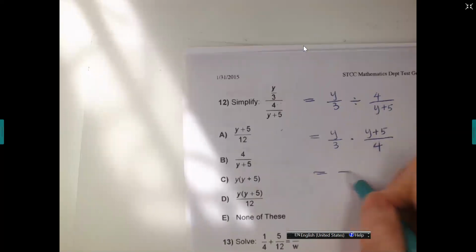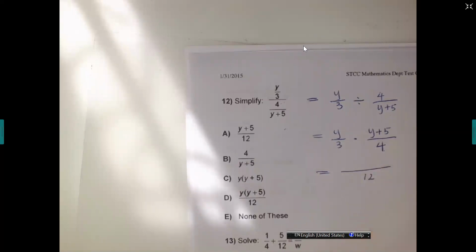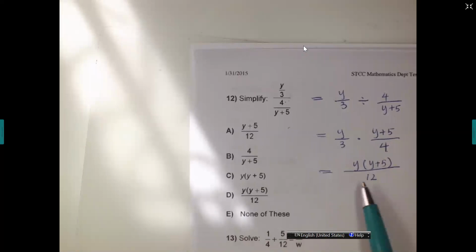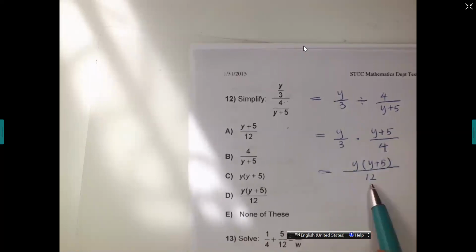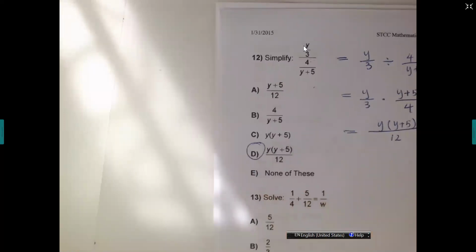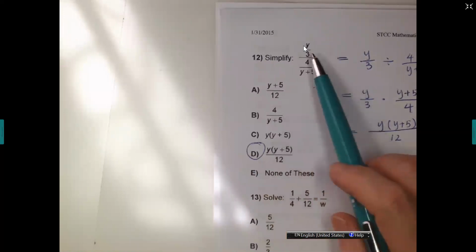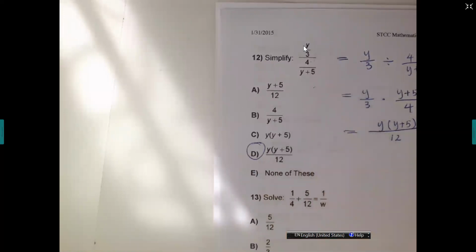Multiply the denominators, 3 times 4. Okay, skip one step, I write down the 12. And the numerator 1 times numerator 2. So y times y plus 5 over 3 times 4, which is 12. See, we see the answer right here. D is the right answer. This is a special type of complex rational expression.